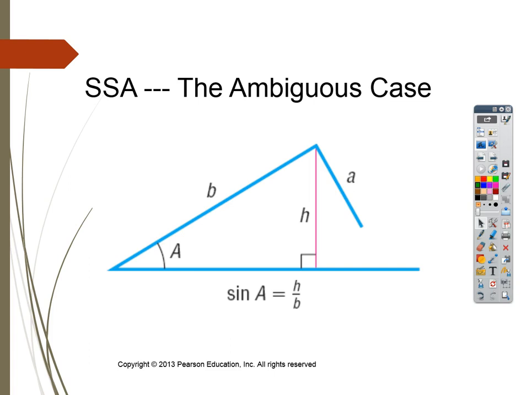So in order to use the law of sines with side-side-angle, you need to know whether it's going to be one triangle, two triangles, or no triangles.